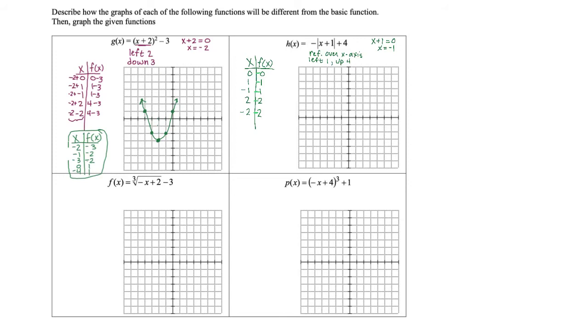We need to go left 1. So we need to move this to the left 1. And then we need to move up 4. Alright, so let's now build our new t-chart and see what the numbers look like.